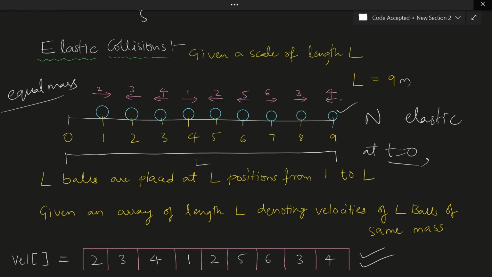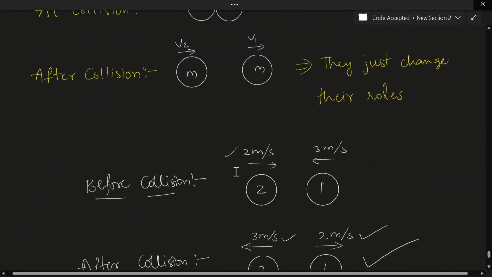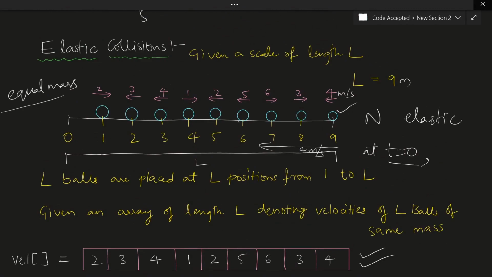It was going towards the left with a velocity of 4 meters per second, and even if it collides with the ball at 8, it will just cross it and keep on traveling towards the left at 4 meters per second, as I have explained before. Similarly, take the ball at 6: it will keep on traveling with a velocity of 5 meters per second until the end. If you take the ball at 1, it will keep on traveling towards the right with a velocity of 2 until the end.